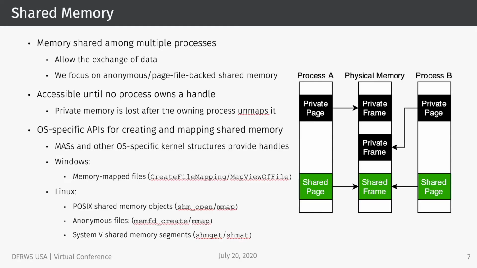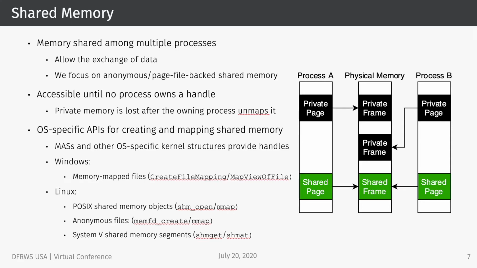Lastly, I want to shortly talk about shared memory, which, as the name suggests, describes memory that is shared among multiple processes in order to allow the exchange of data. While there are different types of shared memory, we focused on anonymous or page file backed shared memory for this work.